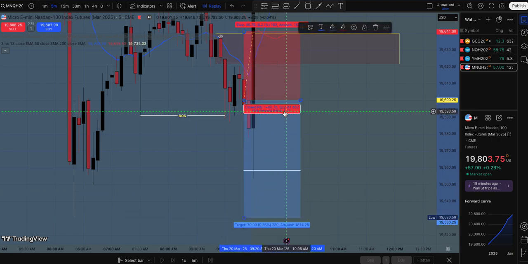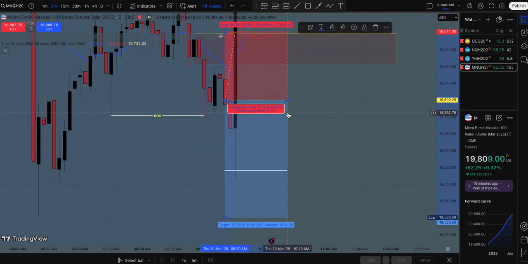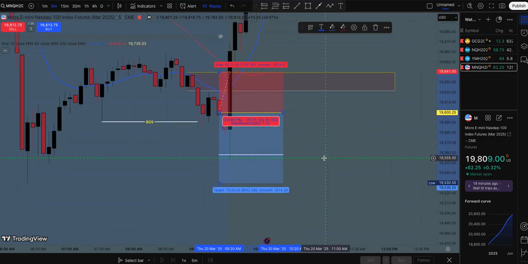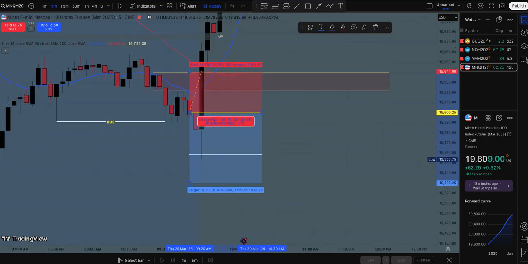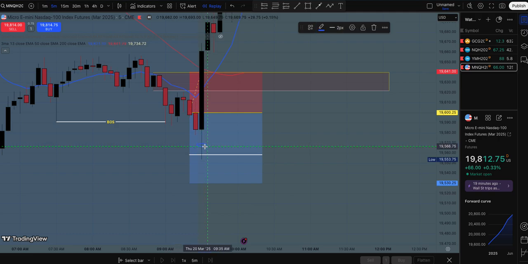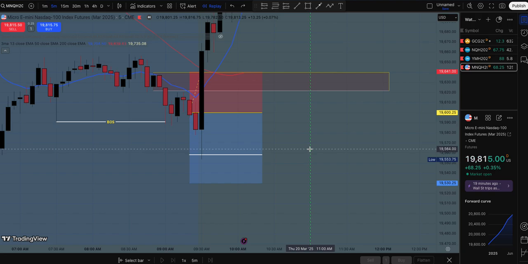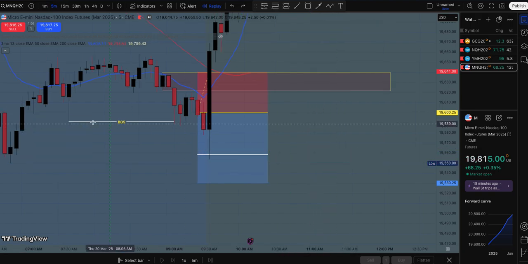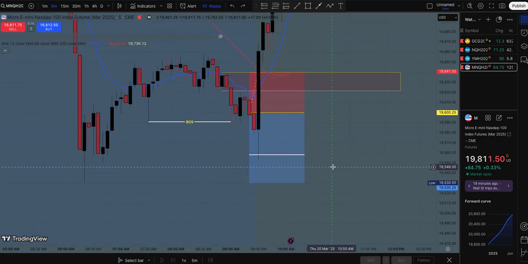I'll say a 1 to 1.7. It never reached, but I secured profit somewhere in the region here. Because right now I'm doing a habit and it's a bad habit. I need to work on my psychology, my greed level, my fear level, my anxiety.